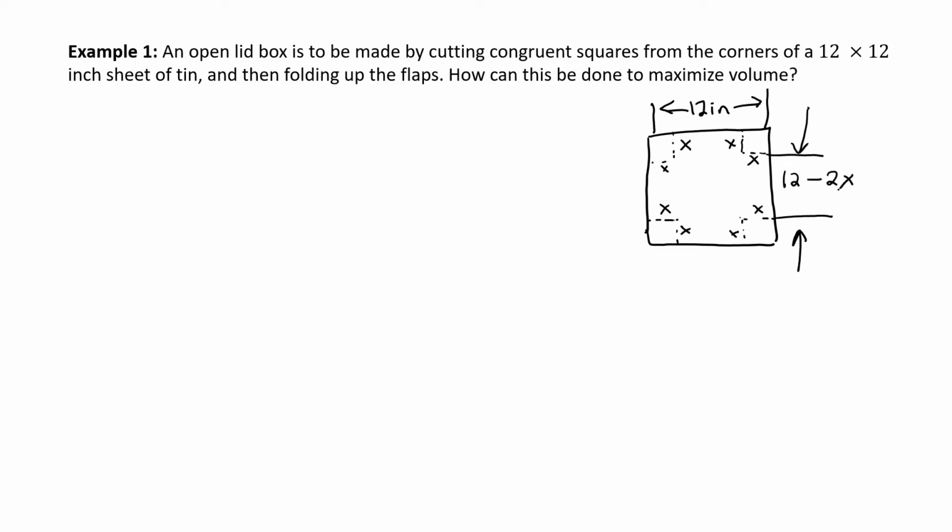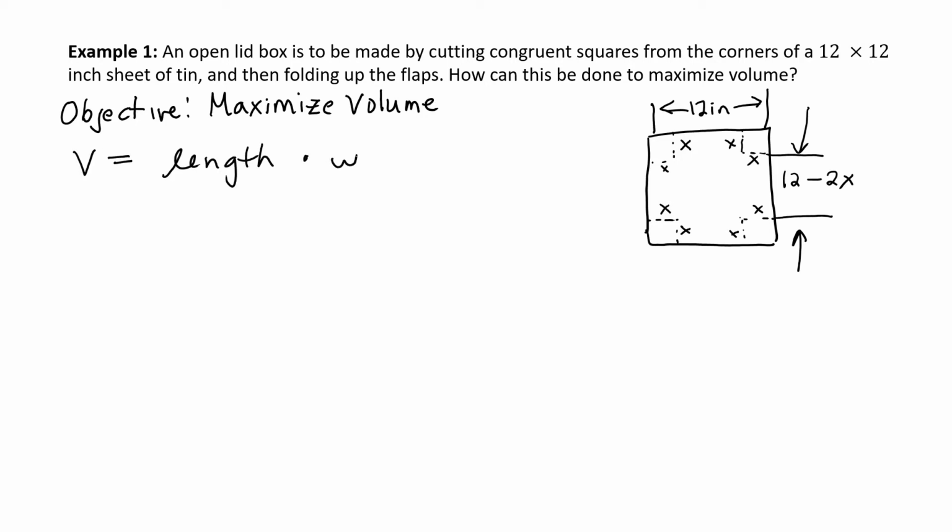So to begin with, remember our objective is to maximize the volume. Let's write out the formula for the volume. The volume is the product of the length times the width times the height. To be able to better see this, let's attempt to sketch the box in 3 dimensions.